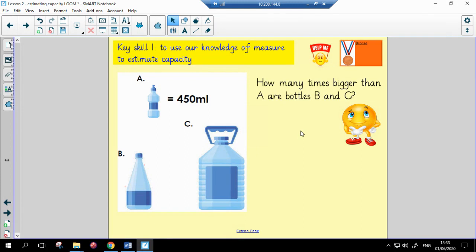Now, bottle C is even bigger. I would approximate that it's probably 10 times bigger. And that would give an estimated capacity of 4,500 millilitres, which is 450 multiplied by 10.